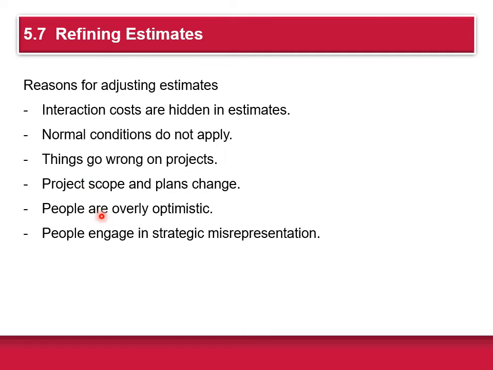People also can make mistakes. They become overly optimistic about how long something's going to take. That can push out the time and therefore increase the cost. And also, people can misrepresent things, and so that also can be a case where you have to go in and refine estimates.